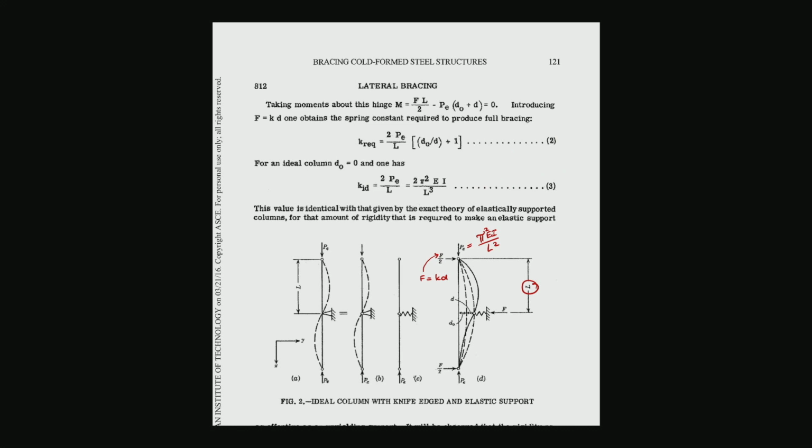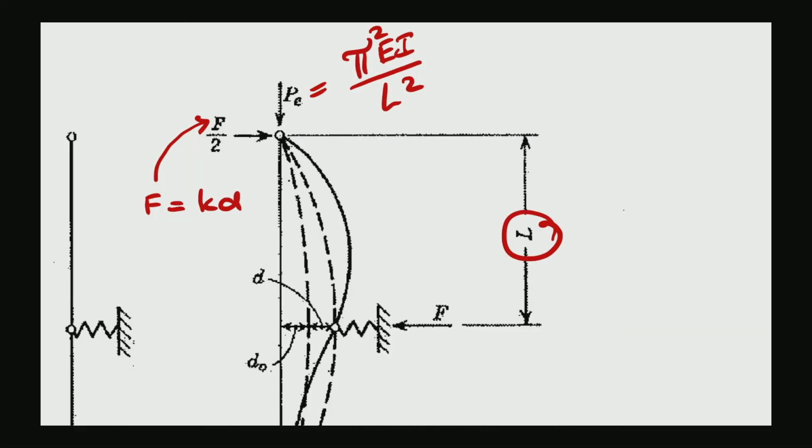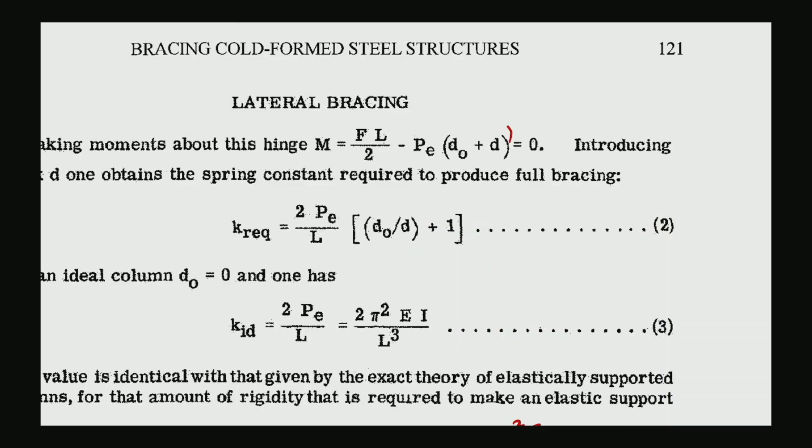Okay, but the P has to be multiplied by this d naught plus d. So this is the driving moment and the resisting moment from the spring. So we equilibrate everything and then set them to be 0.